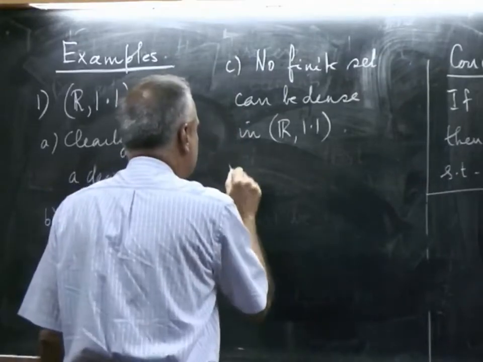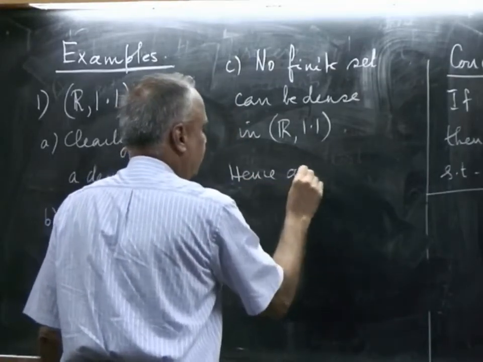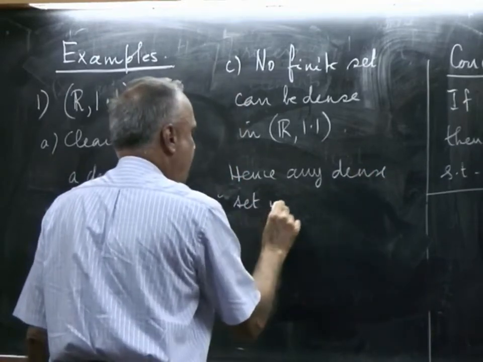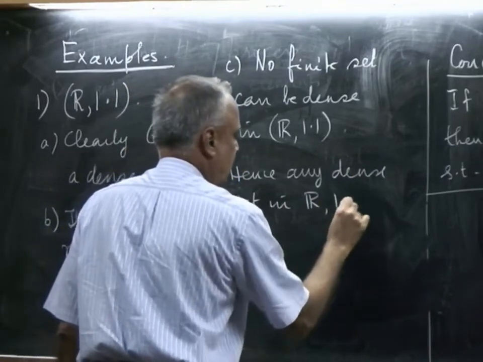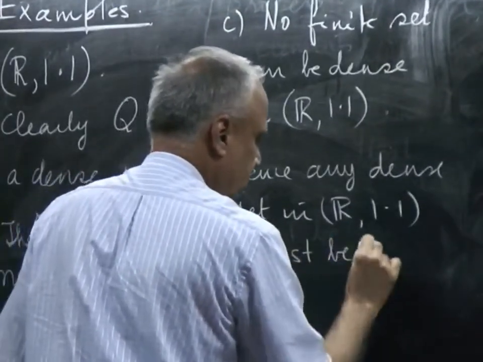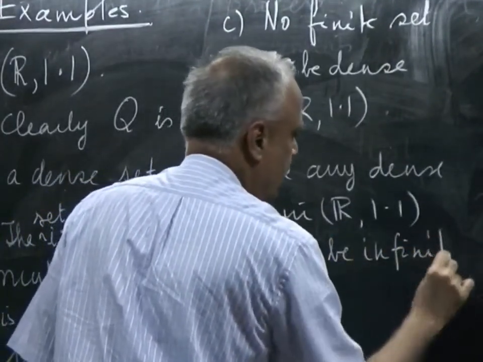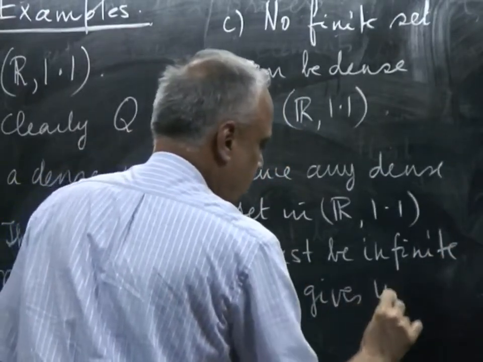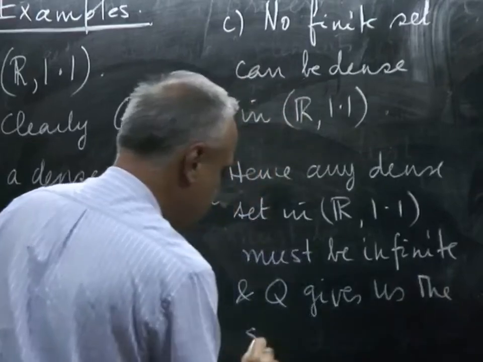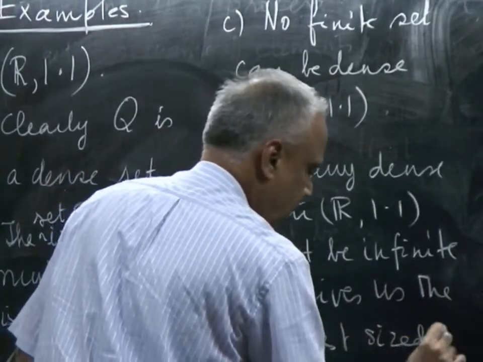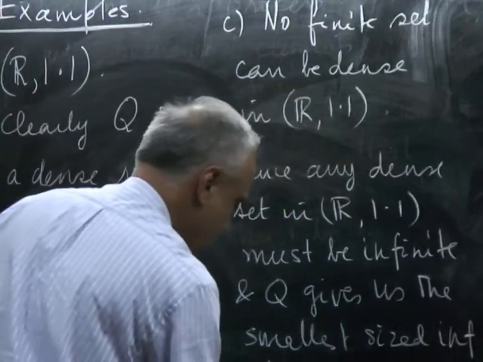Any dense set in R must be infinite, and Q gives us the smallest sized infinite dense set.